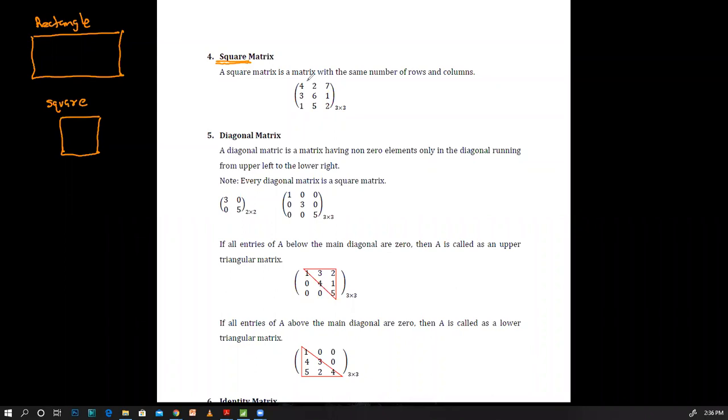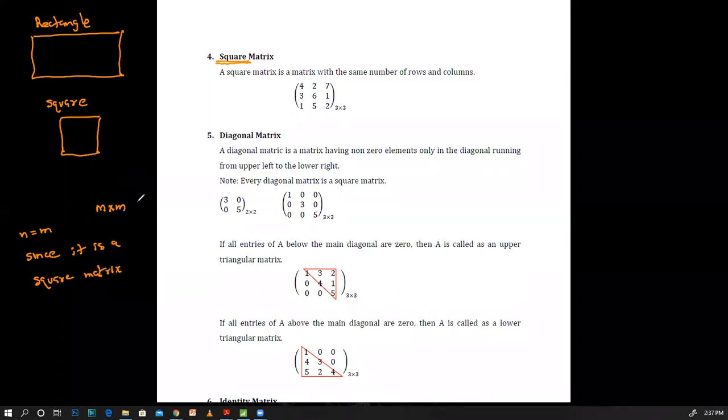As an example, this is a 3 by 3 matrix. Since we have an equal number of rows and columns, you may get it as an M by M matrix, because N is now equal to M. Since it is a square matrix, what we can identify is that the number of rows equals the number of columns.